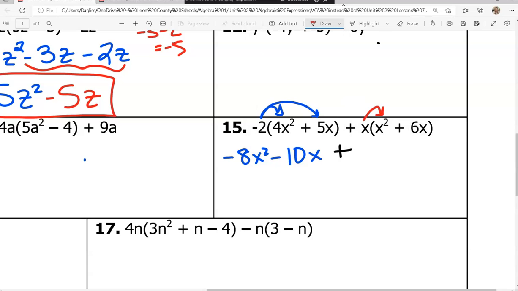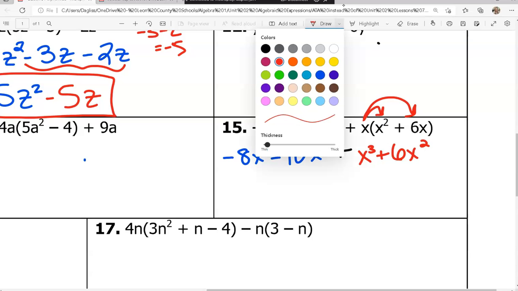We still have this plus, but now we are going to distribute on the other side. What is x times x squared? Beautiful. And x times 6x. What kind of a 6? Positive. There we go. Good. Now we're going to not multiply. We're going to combine like terms.